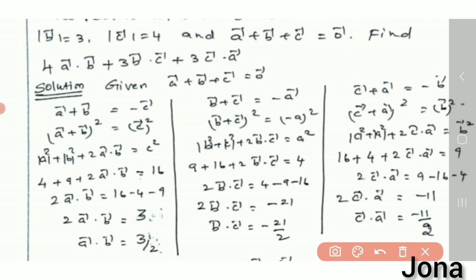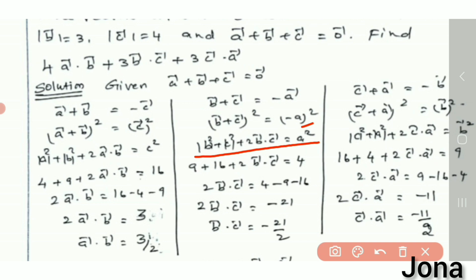Similarly, for the second one, keep B plus C here itself and take A to the other side, it becomes minus A. Then squaring on both the sides. B vector plus C vector the whole square equal to A vector square. If you square this, you get modulus of B vector square plus modulus of C vector square plus 2 into B vector dot C vector equal to A vector square.